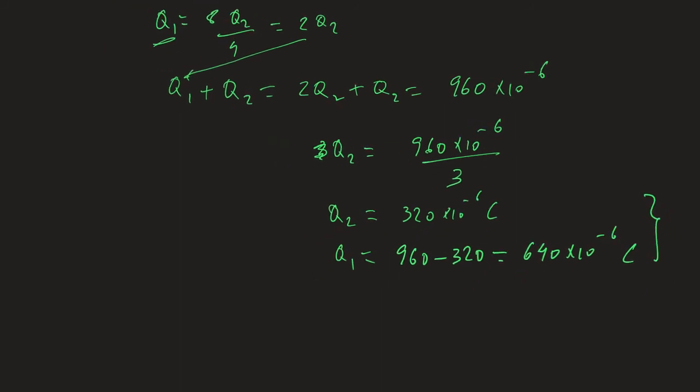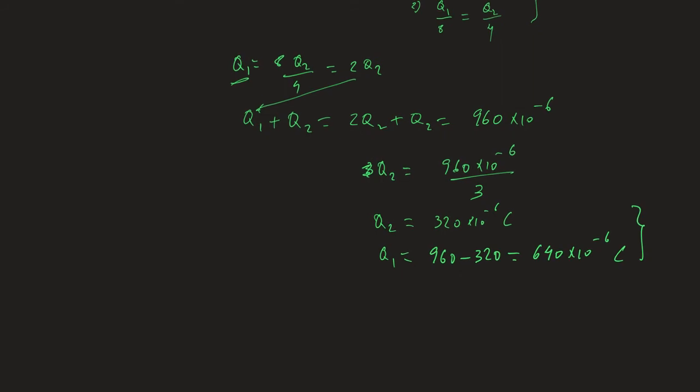Now I can know what the potential is. This is the final amount of charge that will appear in every capacitor. To find the potential, V is Q1 divided by C1, or V is also Q2 divided by C2. They are the same potential.